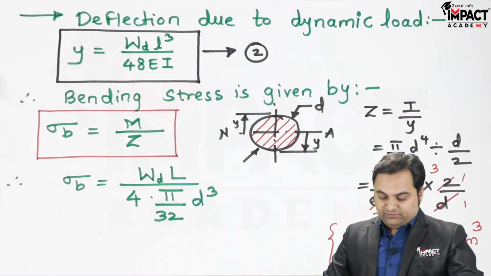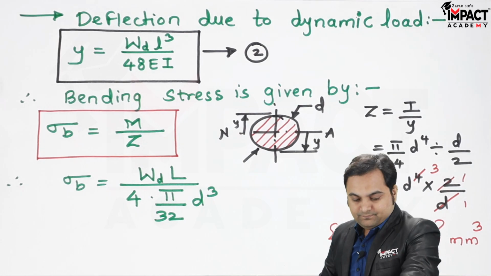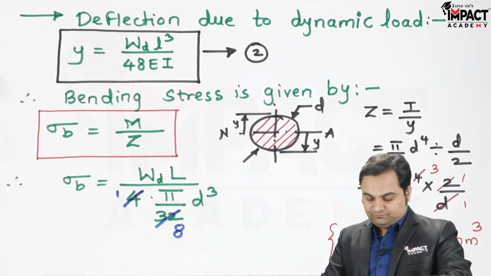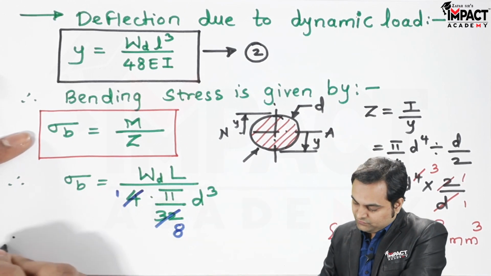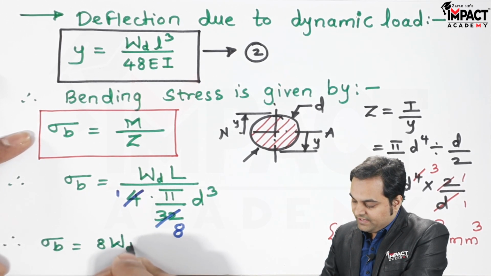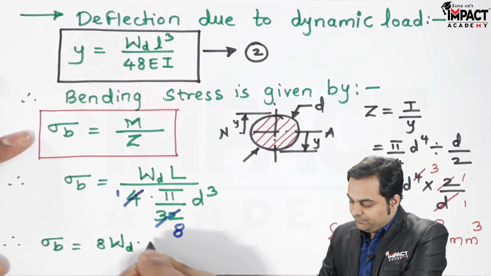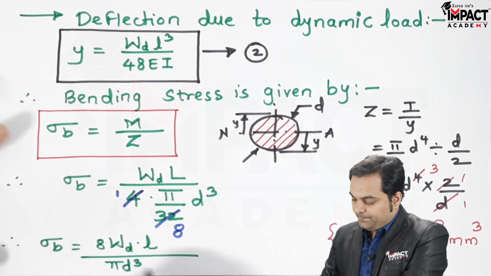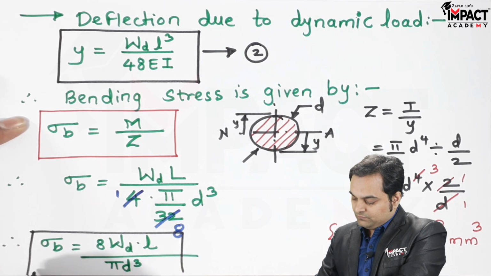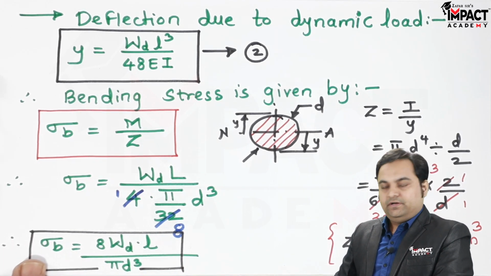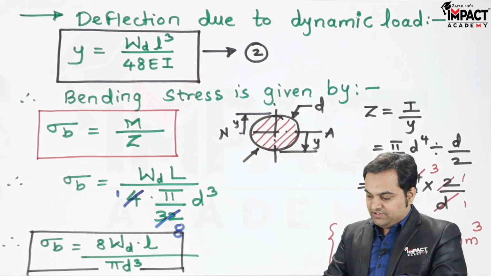Now, once we know these conditions, here we have cancellation. So therefore, sigma B will be 8 WD, that is the dynamic load, into the length between the bearings divided by pi d cube. Now in the problem, the bending stress is given; the tensile and bending stress are the same.